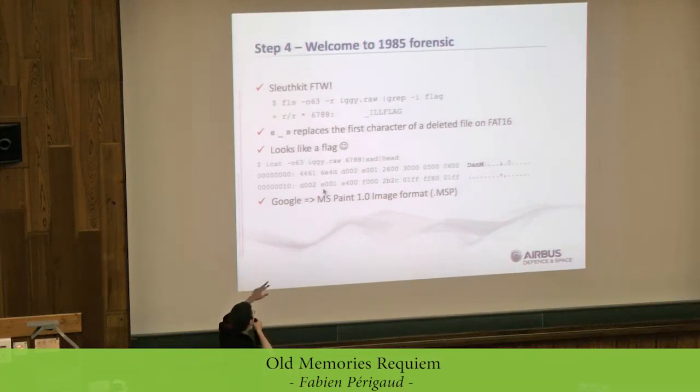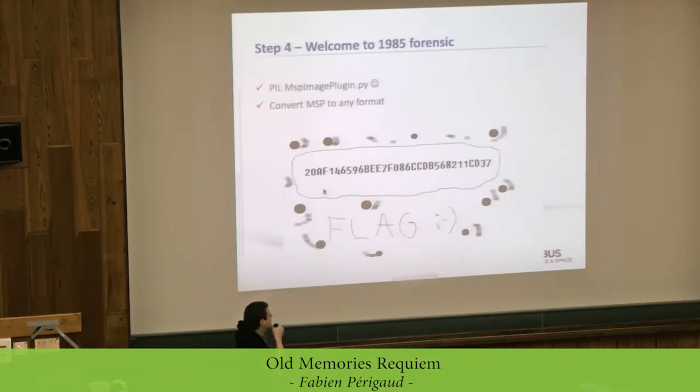The file header is DanM, and by Googling it, we find that it's the MS Paint 1.0 image format. So now we have to be able to read it. And thanks to Google, we find a Python image library plugin, called the MSP image plugin, which allows us to convert an MSP file into any image format, so we can have the flag and a beautiful picture.